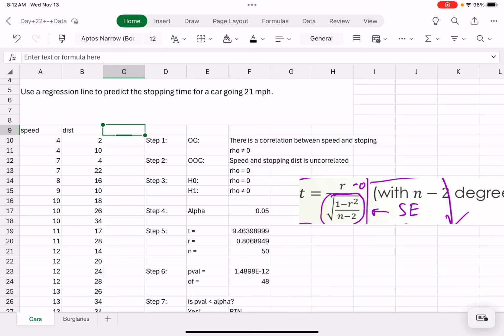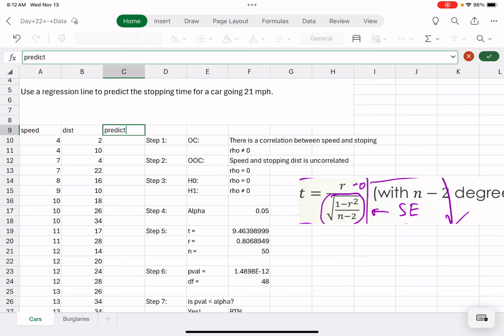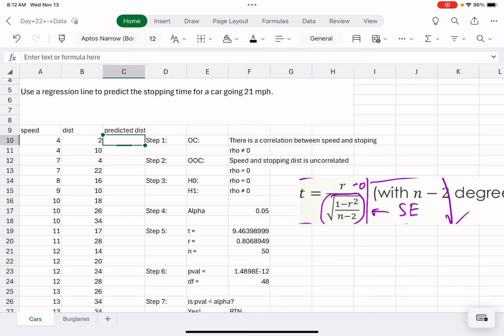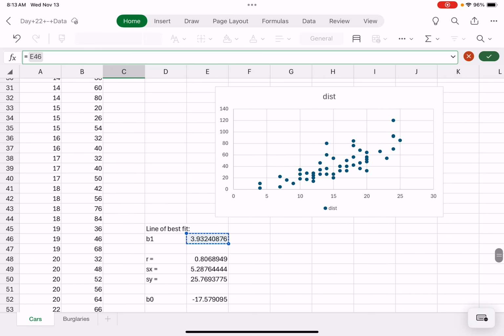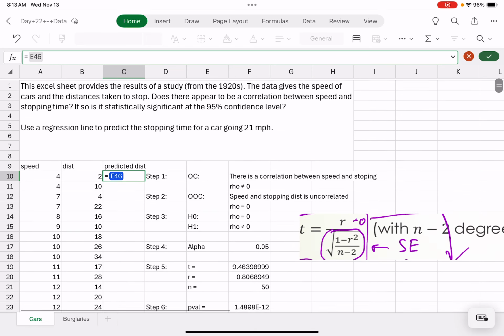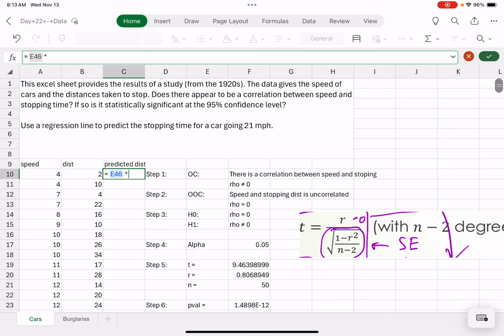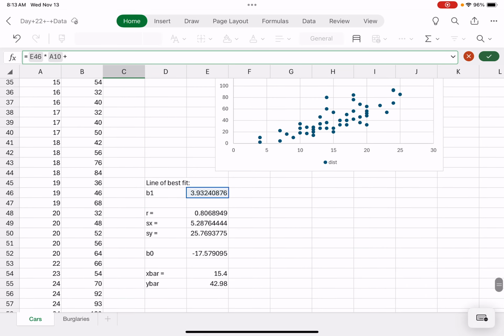So this is going to be my predicted distance. That is going to equal B1 times the speed plus the intercept, B naught.